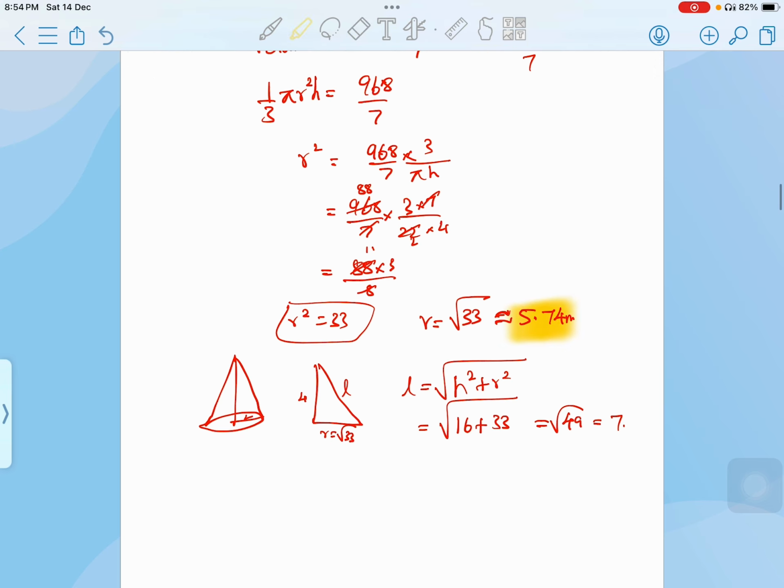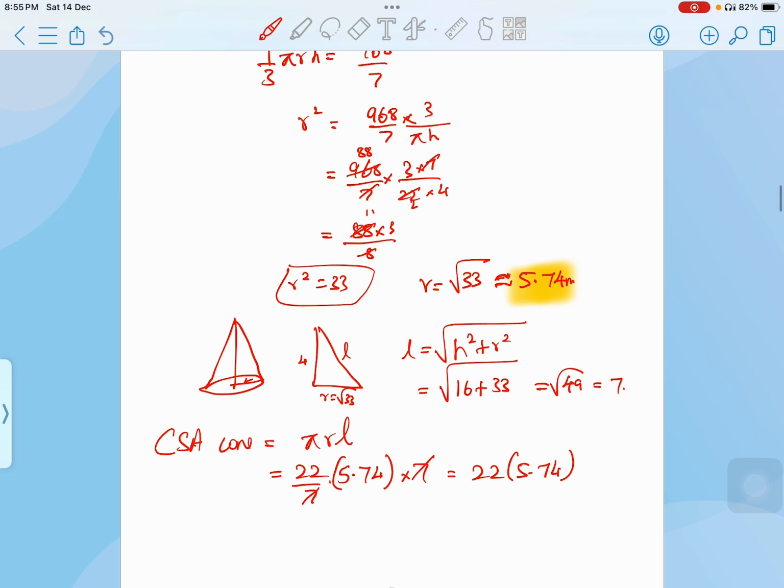Okay, so we are finding the curved surface area only, so that is why we found the slant height. So the CSA of the cone will be pi r l. So pi is 22 by 7, into radius 5.74, into slant height 7. The 7s cancel. So we'll get 22 into 5.74.